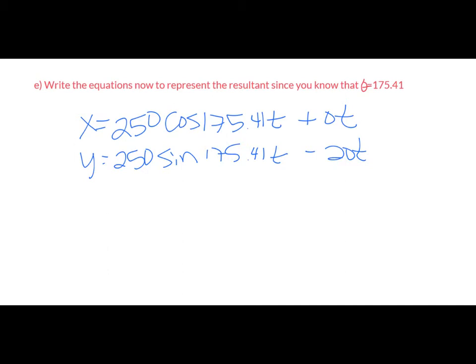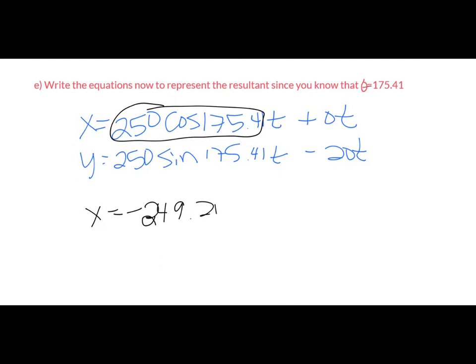And so when I stick this in the calculator, I'm going to get negative 249, oops, that's a 2.20t, because this really doesn't matter.